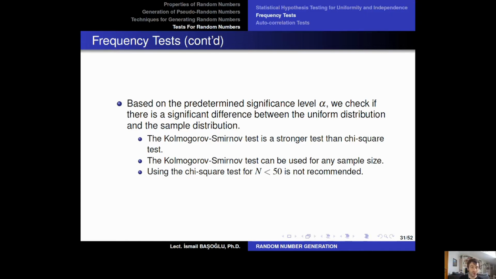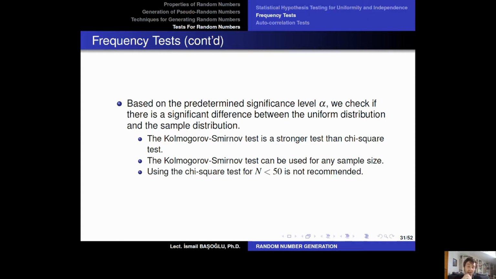The fact that the Kolmogorov-Smirnov test is also a better choice is that it can be used for any sample size. I mean, even if your random number sequence for testing is of size 5 or 10, even if it's a very small size, you can still use the Kolmogorov-Smirnov test.